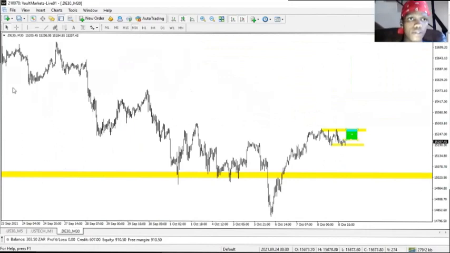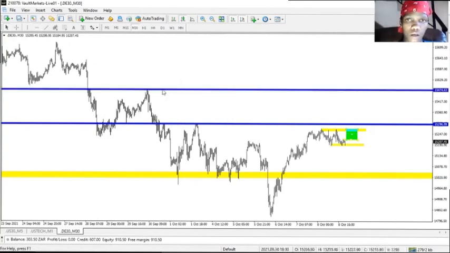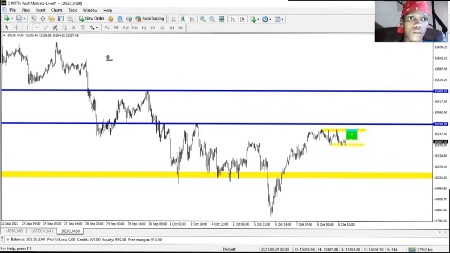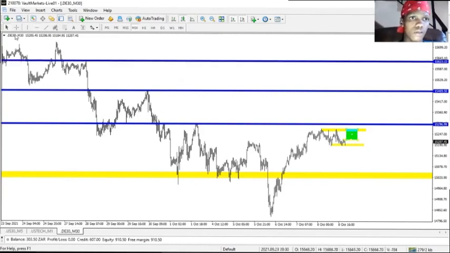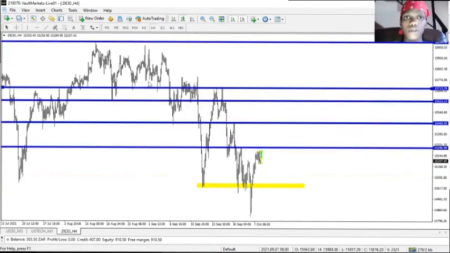And then if price does break above this resistance right here, and then comes back for a retest, I will take my profits somewhere here. Then this will be my second TP. This will be my third TP. This will be my fourth TP, depending on what price will be doing around those areas.